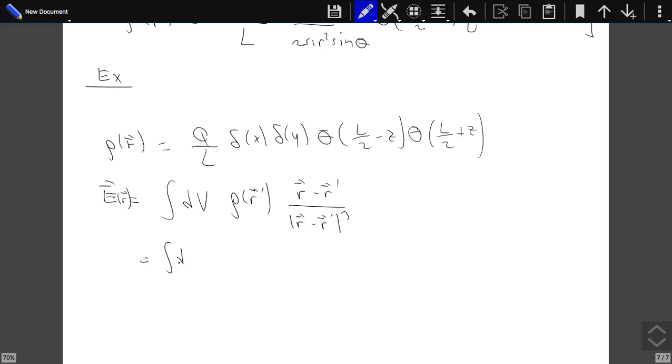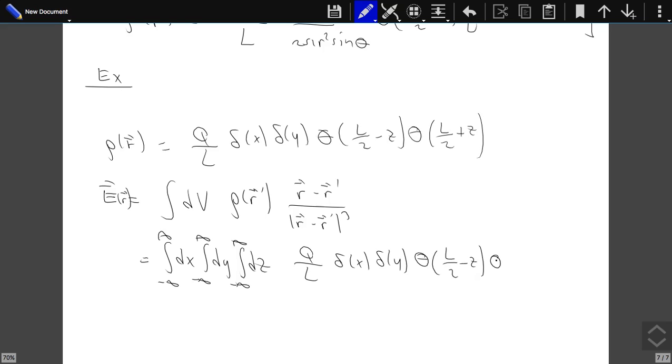Let's write the volume elements, dx, dy, dz, all from minus infinity to plus infinity. Q over L, Dirac delta of x, Dirac delta of y, theta of L over 2 minus z, theta of L over 2 plus z, r minus r prime divided by r minus r prime cubed.